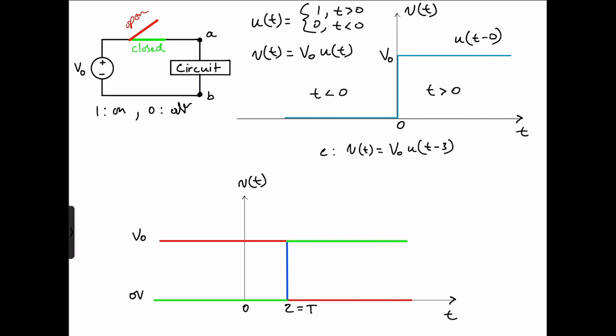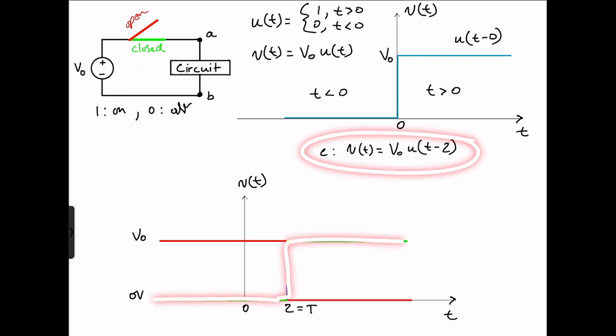As you can see, t minus 0 is still t, so the step function stays at the initial position. However, when we subtract 3 from that, the step function is delayed 2 seconds, and that should be 2, not 3. It's delayed 2 seconds, and that delay is a representation of our switch being closed.